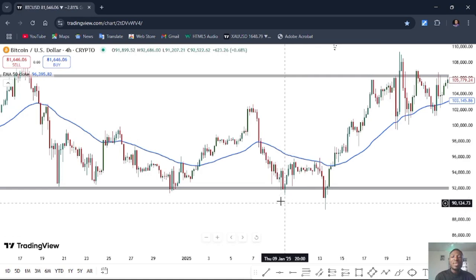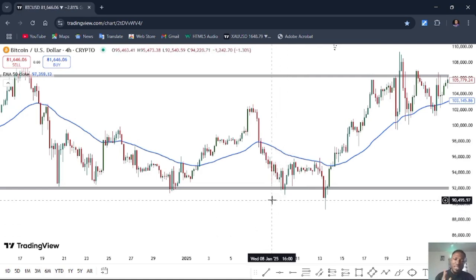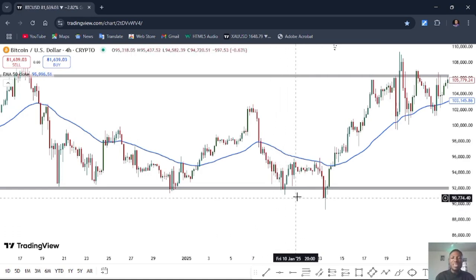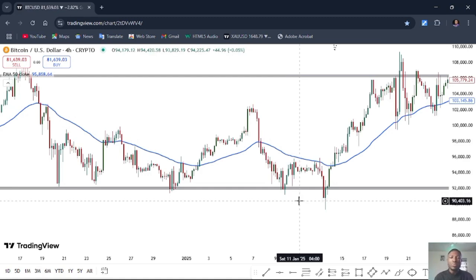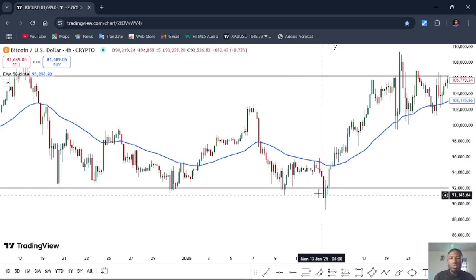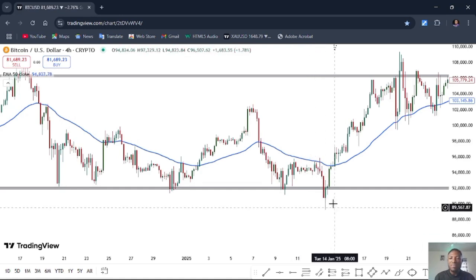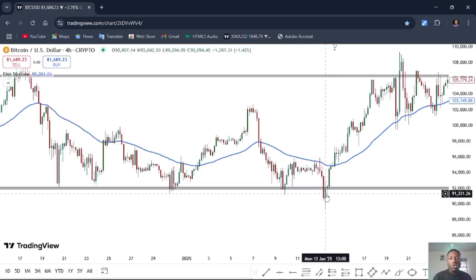Whatever you place as your stop loss, you should be targeting a risk to reward of 1 to 2. It doesn't depend if your stop loss is 10 pip, 20 pip, 30 pip, but let's say you place a 20 pip stop loss, you should be targeting 40. If you place a 30 pip stop, you should be targeting what? 60. So placing a tight stop loss will also affect you negatively if this type of thing occurs.